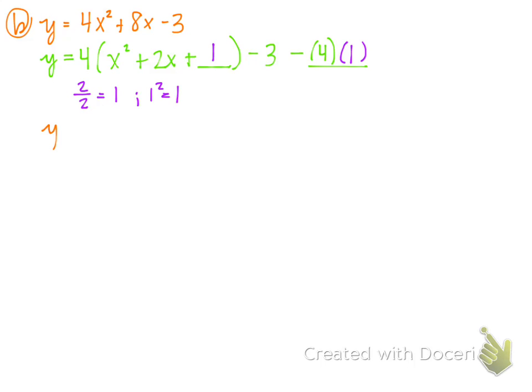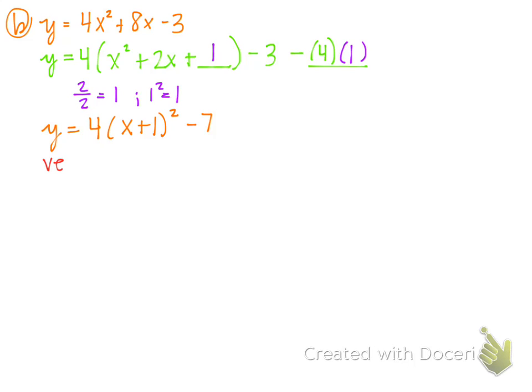So we have y is equal to, now this 4 is still on the outside. This guy right here factors to x plus 1 squared. Then we've got to take care of all of this. So we have negative 3 minus 4, so we have minus 7. So now we can tell all the important information.